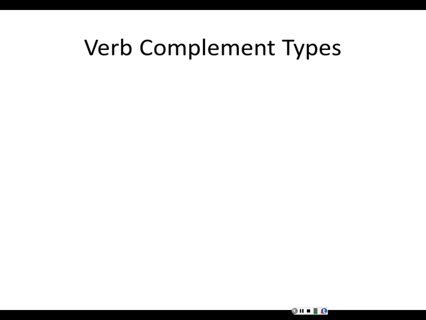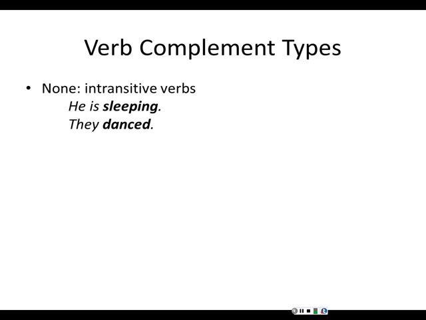So, verb complement types. That's a way of talking about what kind of phrase has to come after a verb. Some verbs don't require any kind of phrase as a complement at all, and these are called intransitive verbs. For example, he is sleeping, they danced, she always smiles, you will all die.